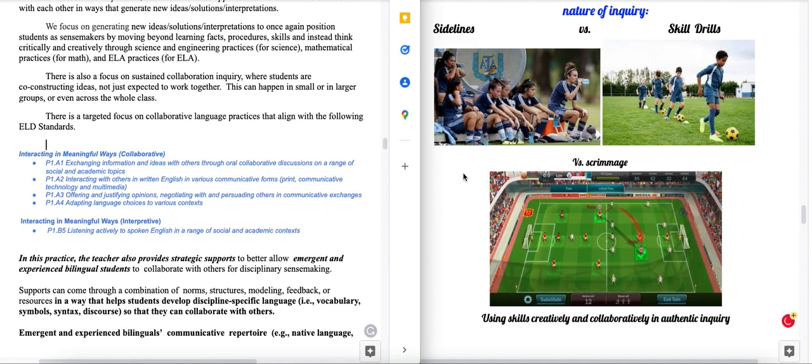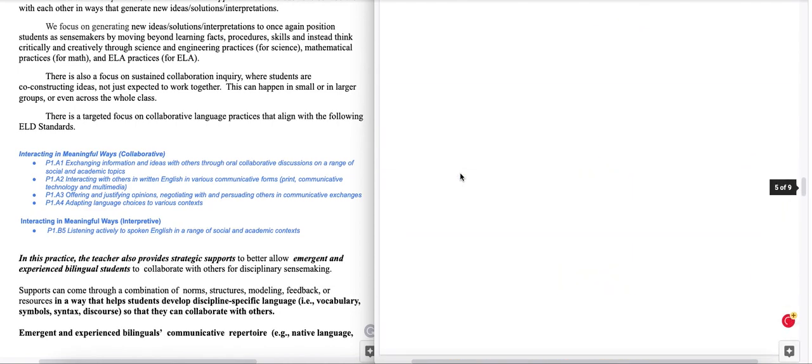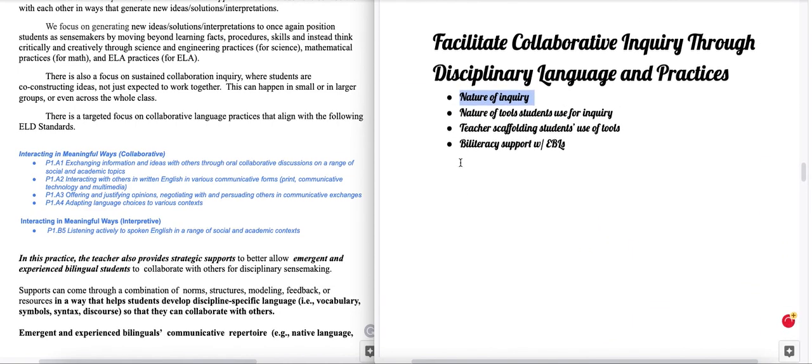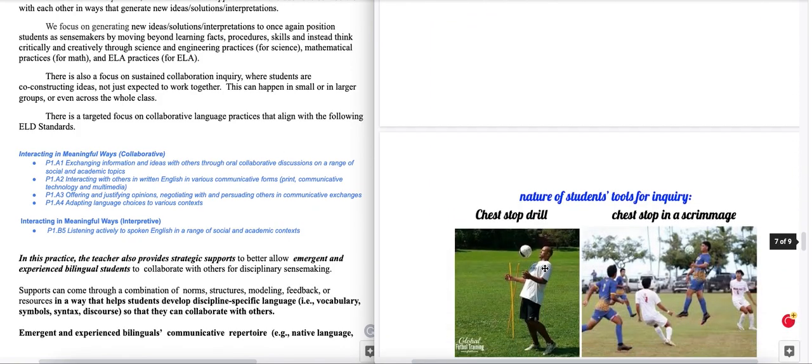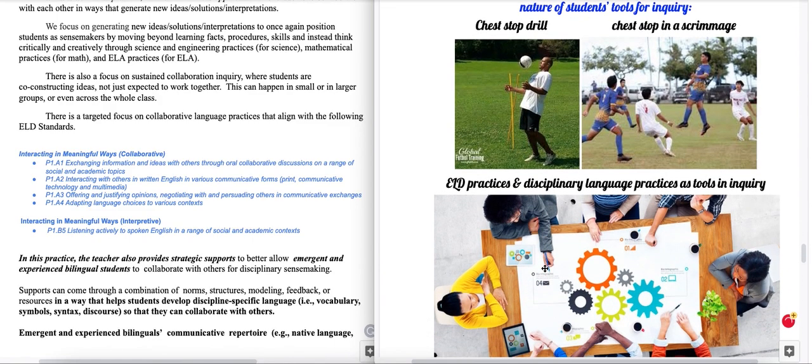So I'm going to come back up here to look at our layers. So now we're getting into the nature of tools that students use for inquiry. Okay, so I'm going to scroll down here to our next set of images.